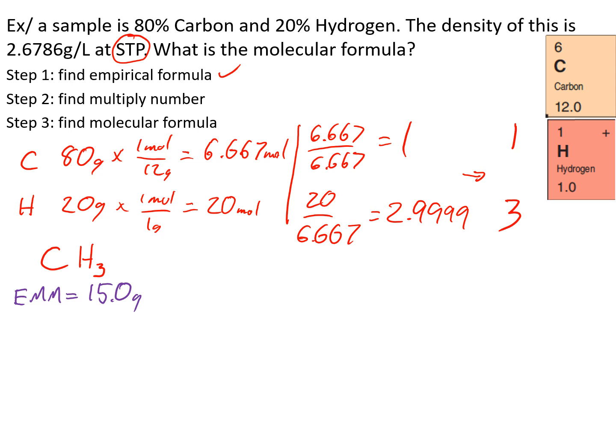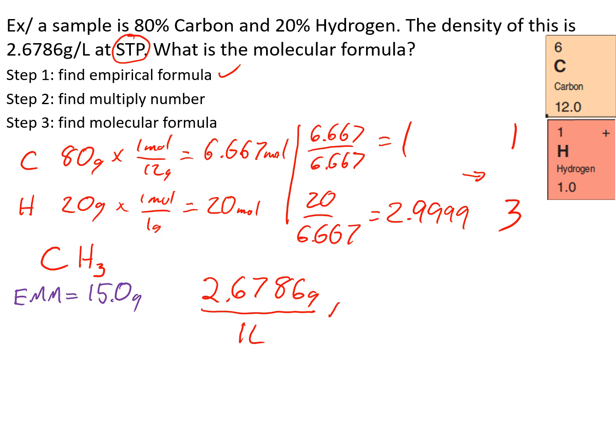So we're going to take that number and change it into molar mass. So we're going to start with 2.678 grams for 1 liter. Now, what I want to convert into is grams per mole, because grams per mole is molar mass.